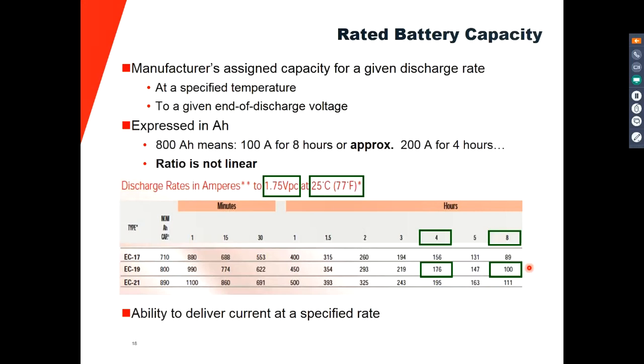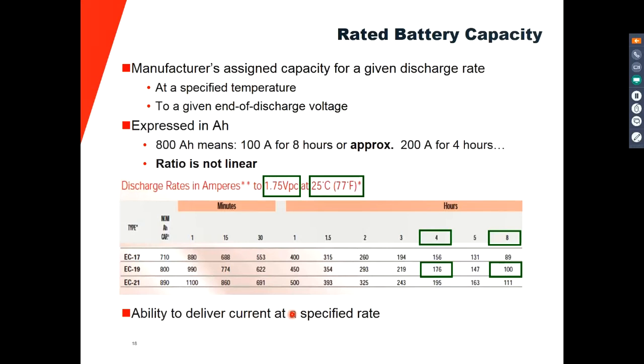You can see here with this example, for 8 hours, it can deliver 100 amps. So that will be 800 amp hours. However, for 4 hours, it can only deliver continuously 176 amps, which is less than a total of 800. So the tables have to be followed to be able to get the actual capacity.